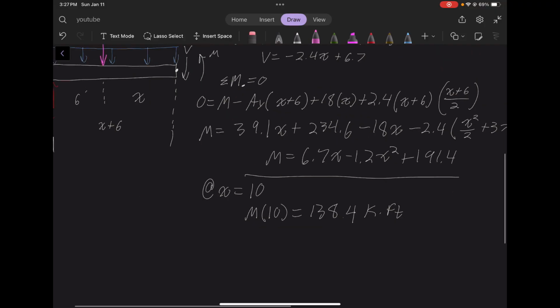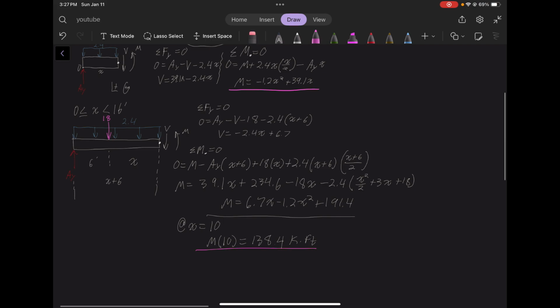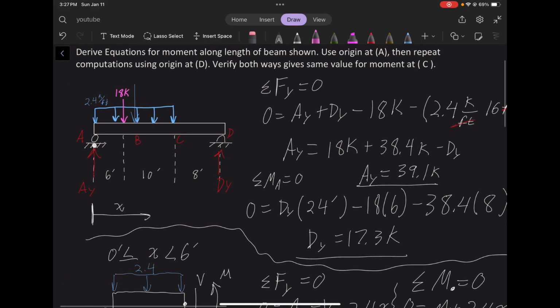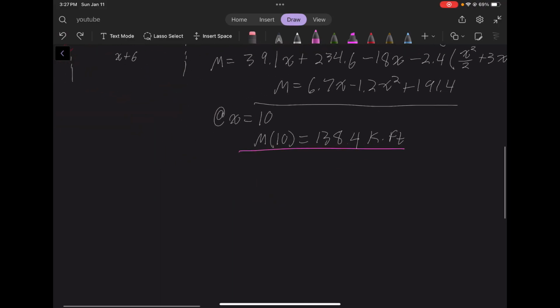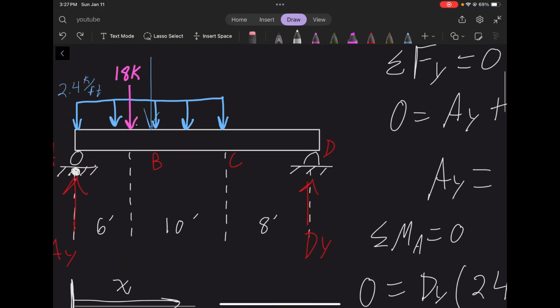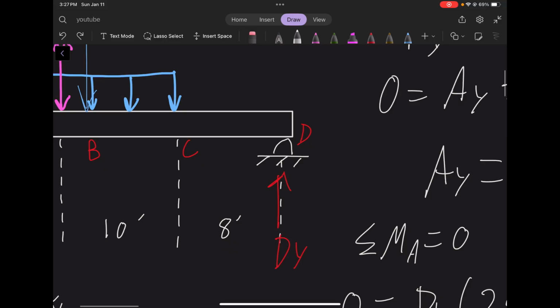Okay? So now, simple enough. This is actually the harder side. Now, this is from the left side of the beam. Now we have to go from the right side of the beam. Okay? So now we're going to make a different cut. We've been making cuts. We made a cut here. We made a cut here. From this way. Now, oh boy, now we're going to make a cut here from this way.